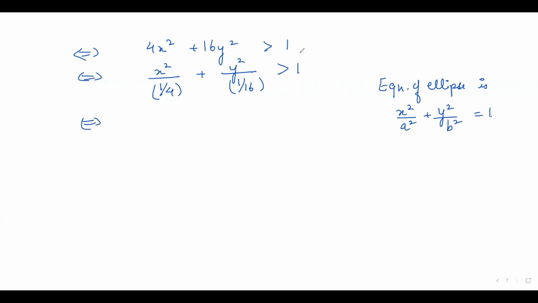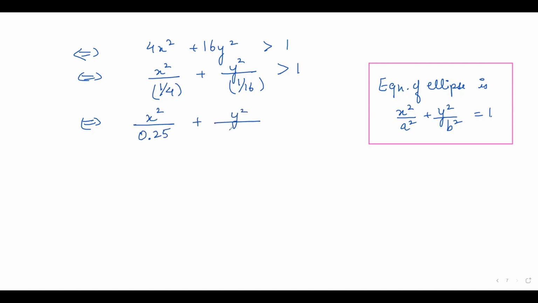Wait for a second, I'll explain that as well. So let me just square it. Now what is 1 upon 4? It will come out to be 0.25. And 1 upon 16 will come out to be 0.0625.